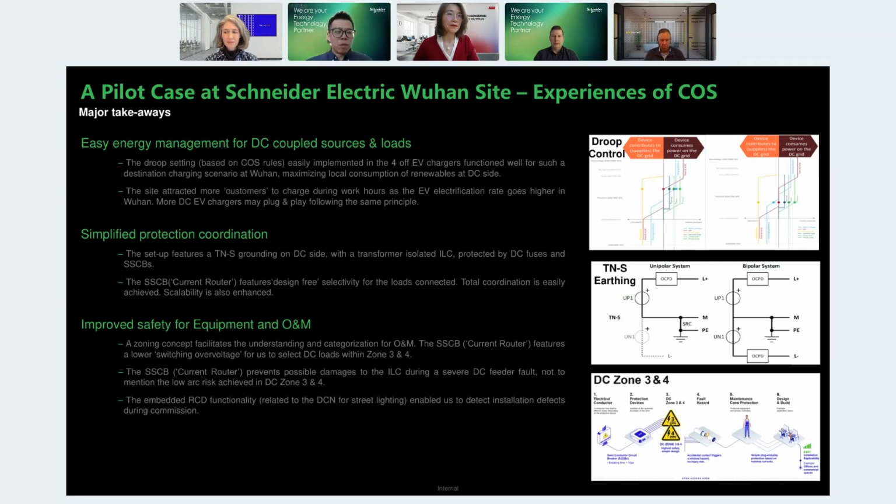The wiring is really hard to see properly done. During our commissioning, the residual current detection functionality, which is embedded in our converter for the street lighting, actually helped us detect the installation defects. It triggers alarms so that we know where the problem is.